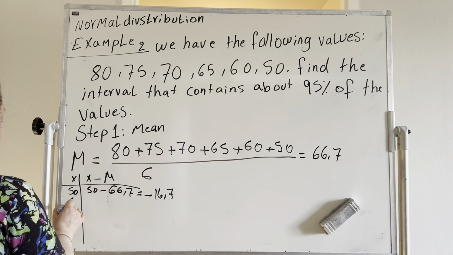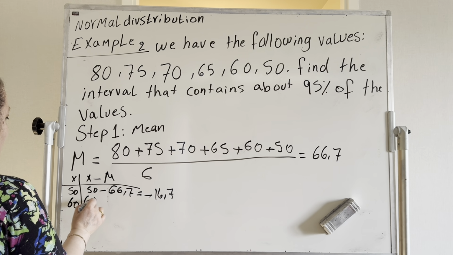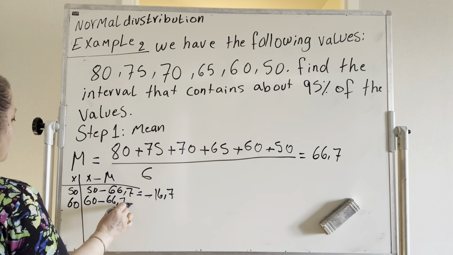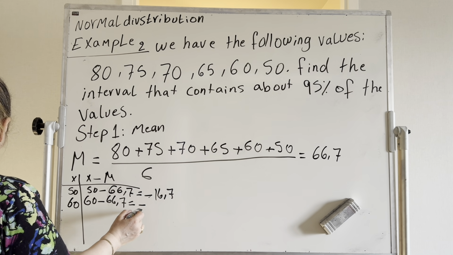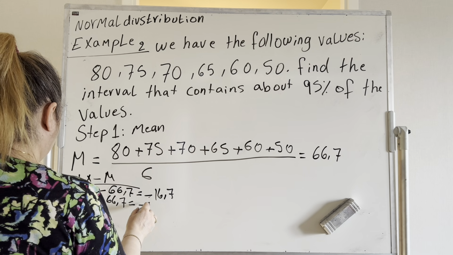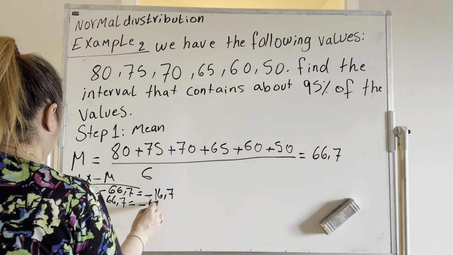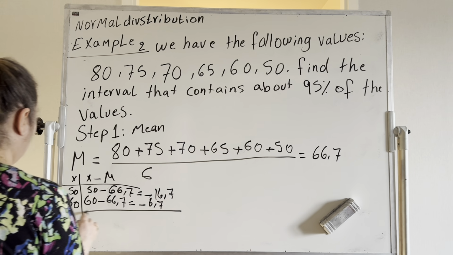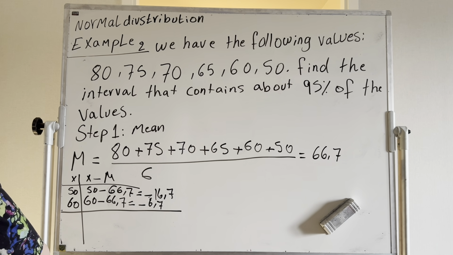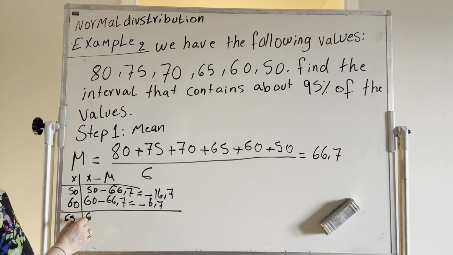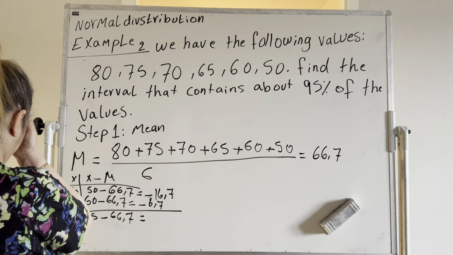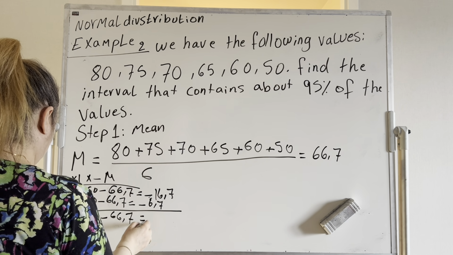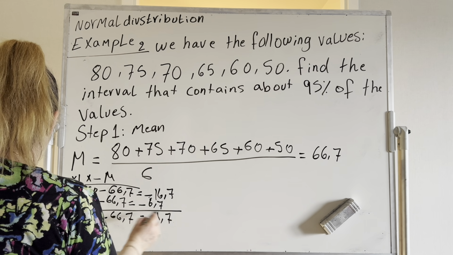When x equals 60, 60 minus 66.7 equals minus 6.7. When the value is 65, 65 minus 66.7 equals minus 1.7.